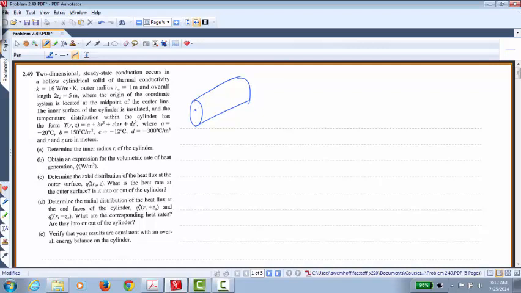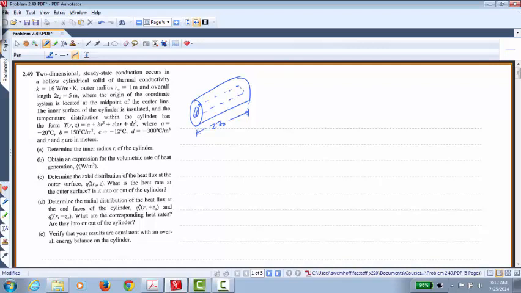Here's our hollow cylindrical rod. This has a length of 2z0, and we have an outer radius and an inner radius.